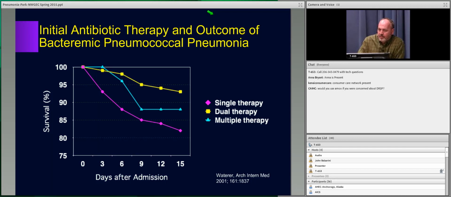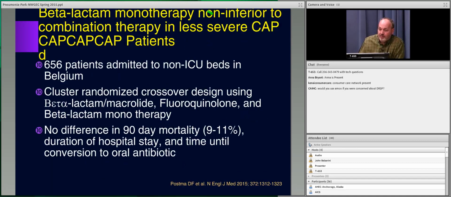And I think focusing between the dual therapy line in yellow and the single therapy line in pink or magenta, fuchsia, you can see there's a huge difference in people who got dual therapy, and this would be a beta-lactam and macrolide typically, compared with people who got only a single drug. The multiple therapy is complicated because it's all manner of junk mixed together, and it's unclear exactly what they're trying to do. So I tend to ignore that blue line.